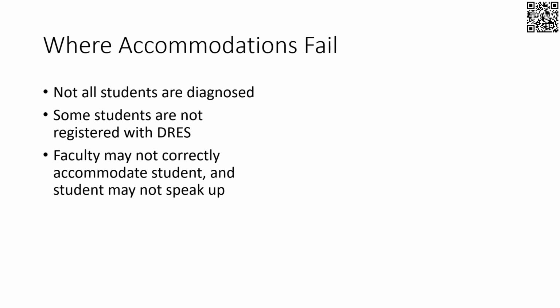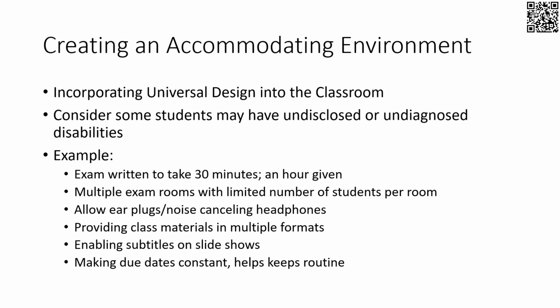Some students are also not registered with DRES because they haven't been diagnosed or they don't want to disclose. Another thing that may happen is faculty may not correctly accommodate a student, and students may not speak up when that happens. I'm going to go into an example of that in a second. But what's important when that happens is to create an accommodating environment.